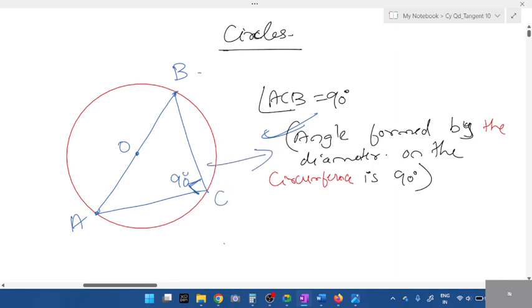Yes. No, no. O is the... AB is the chord, right? Okay.